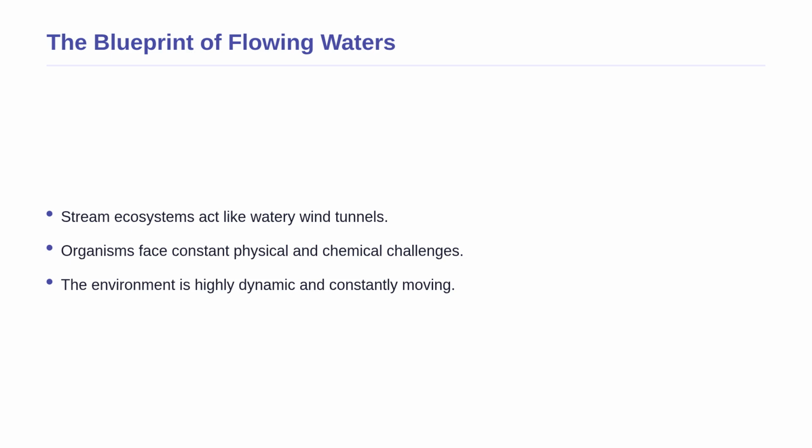It includes the physical push of the water, the temperature, the rocks on the bottom, and the invisible chemicals dissolved in the water. Because the water is always flowing, these conditions can change rapidly over very short distances and times, making it a physically demanding place to live.